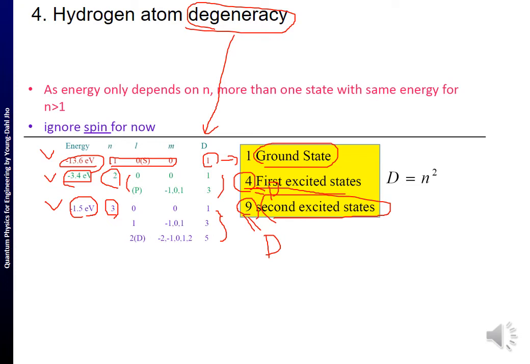So we can find that D is the same as n squared, where n is the principal quantum number. We are ignoring spin. We didn't discuss spin state before, so let's skip that part.